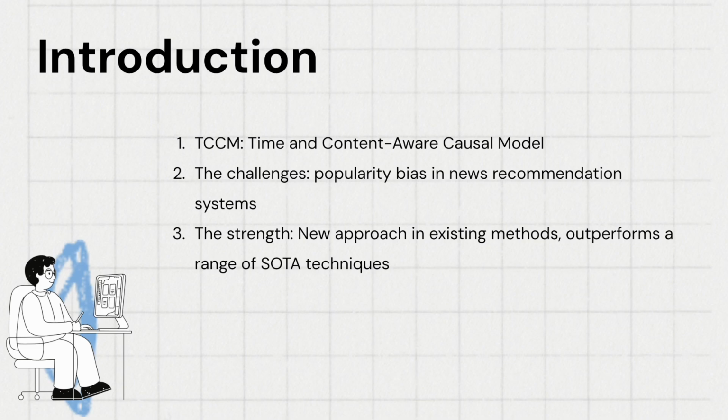The strength of this paper is it proposes a TCCM model to more accurately estimate the news timeliness and news popularity. Ultimately, TCCM outperforms a range of state-of-the-art techniques on well-known benchmark datasets.